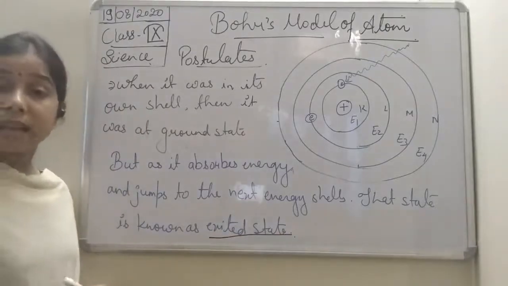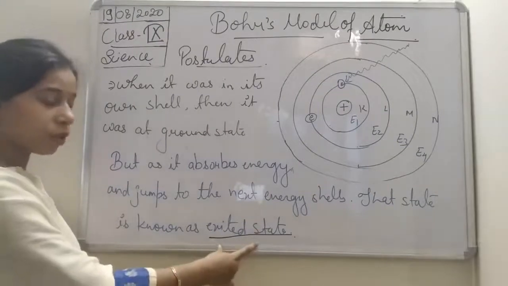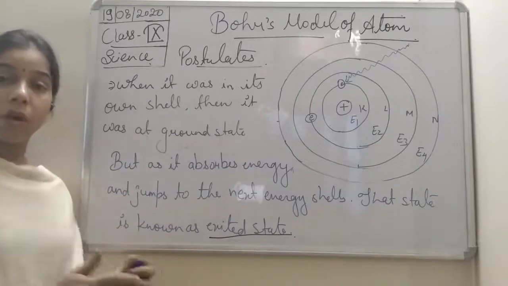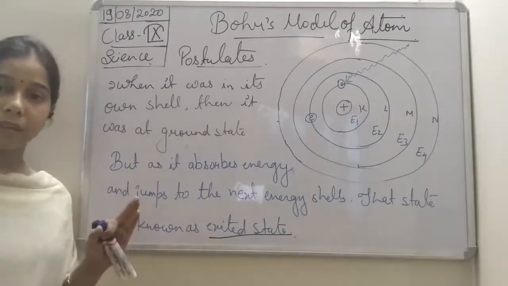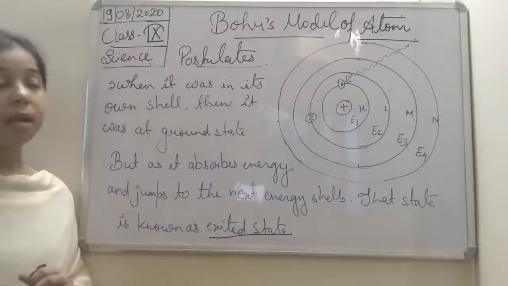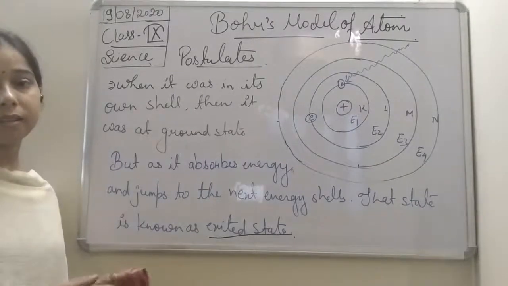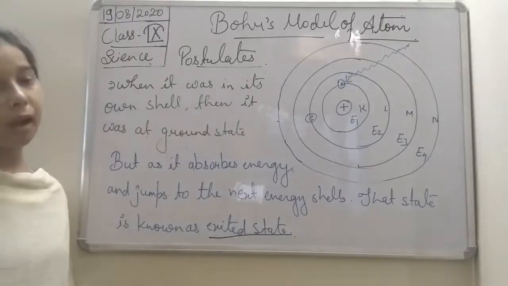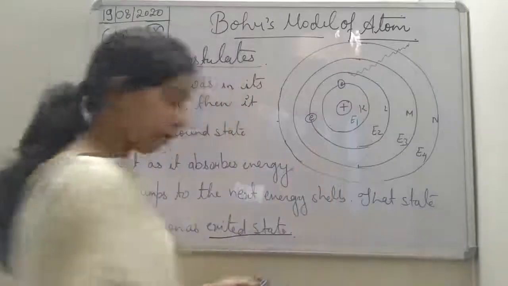Now, the excited state is not a stable state. So if an electron is at excited state, it is not stable, it means the electron is unstable right now. And all the atoms want to be stable, students. So what will happen? That electron will finally lose its energy and come back to its own orbit again.